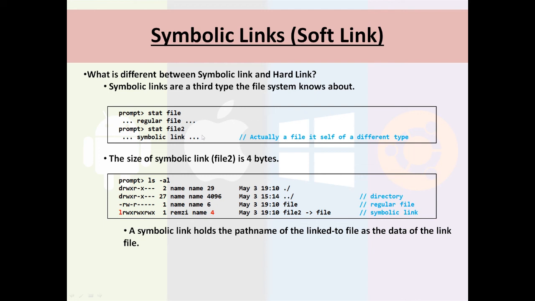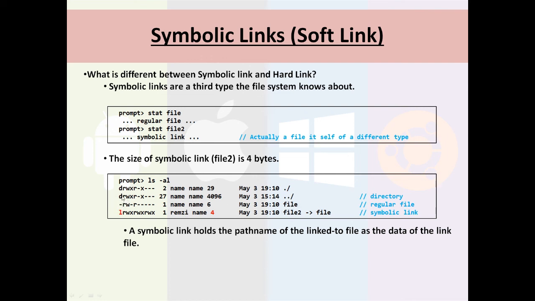Another thing to note is that if we run ls, it also reveals this fact. If you look closely at the first character of the long form of the output, which indicates your read and write information, you can see that the first character for the regular file was just a dash.